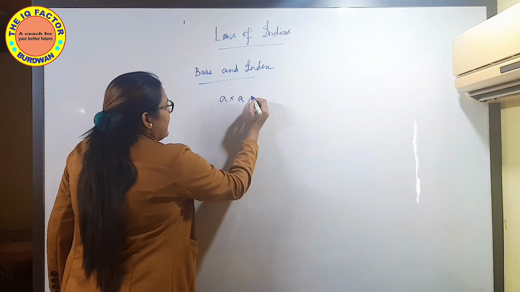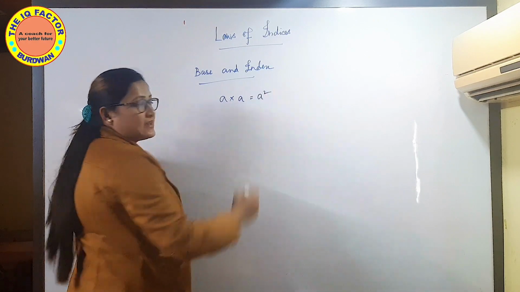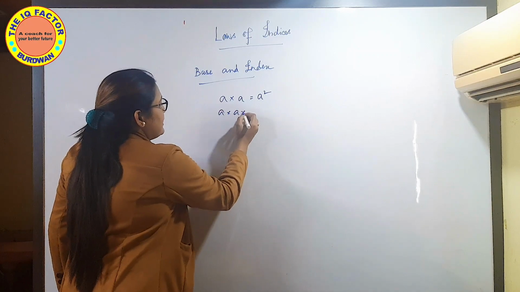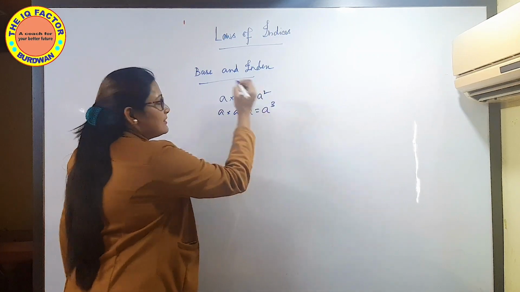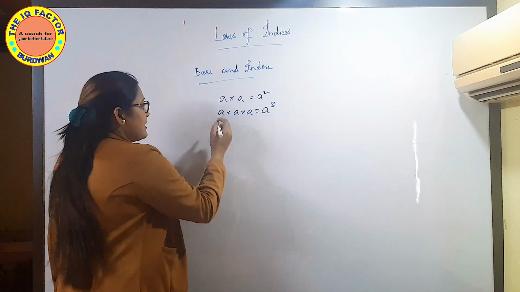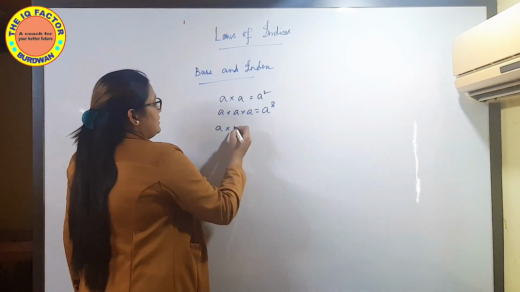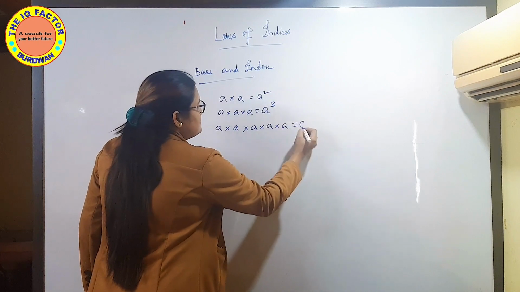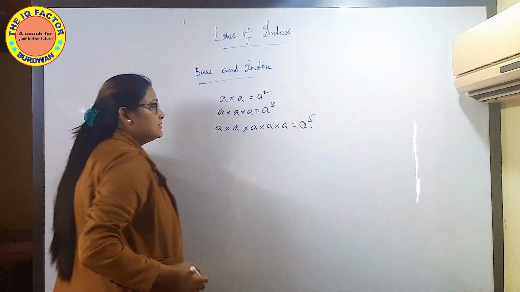We know A into A is A square, right? And A into A into A is A cube. And A multiplied five times is A to the power 5.